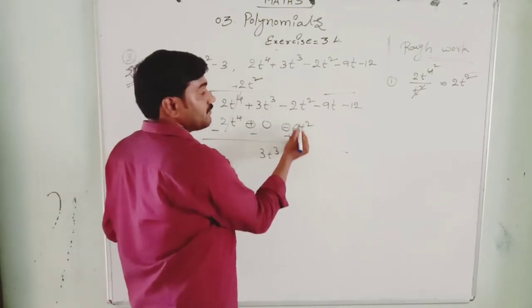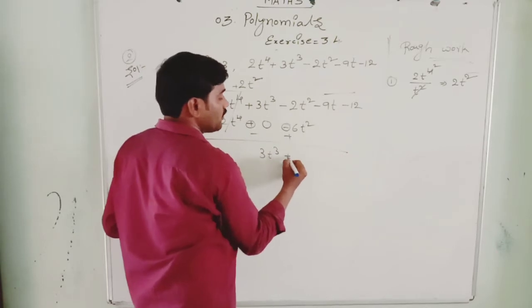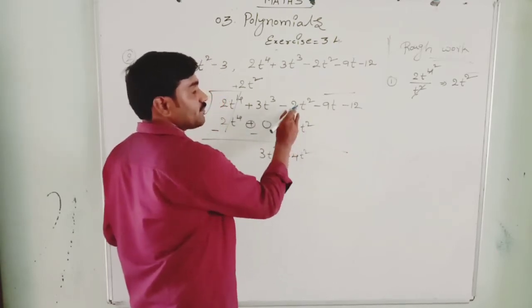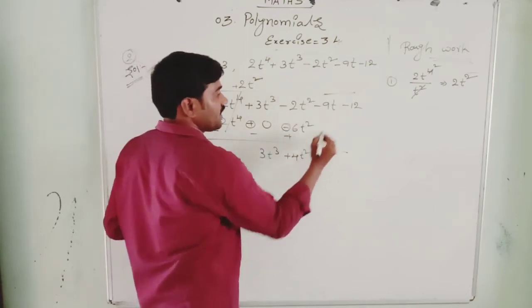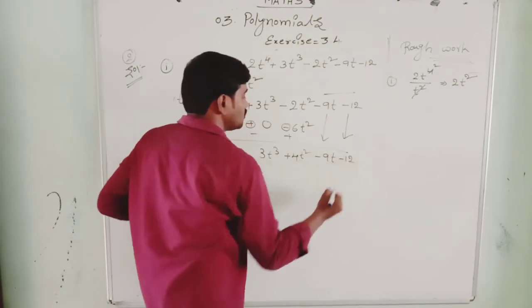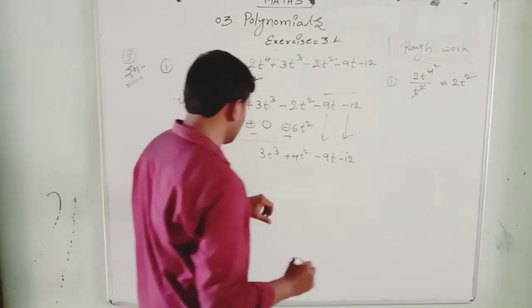Now 6 minus 2 is 4, so plus 4t square, and we bring down the minus 9t minus 12. Then we will continue again.